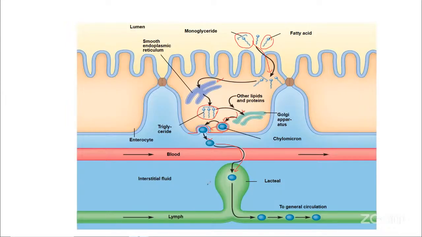So it's actually dangerous if you have a bunch of lipids building up in the blood. That's how we get like cholesterol buildup, kind of closing over the walls of our arteries and stuff. So we don't want lipids building up here in our blood. So it's good they're going into our lymphatic system.